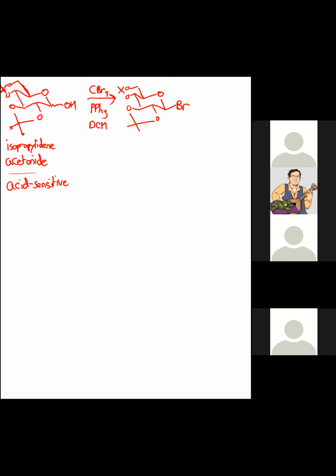Okay. So this is called the Appel reaction. So I'm going to simplify this out, and I'm just going to write ROH in the presence of CBr4 and triphenylphosphine goes to RBr.